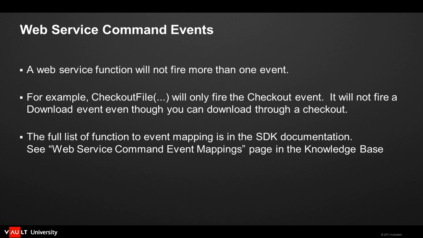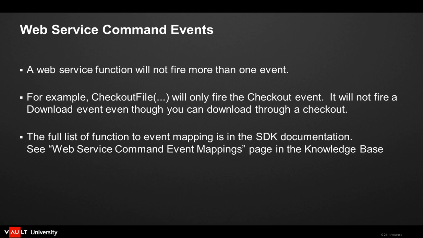So these things are triggered by somebody making a call through our web services API. The way we architected it is that each function is going to fire only one event at maximum. There's a couple of corner cases where technically you can do multiple operations with a single function.